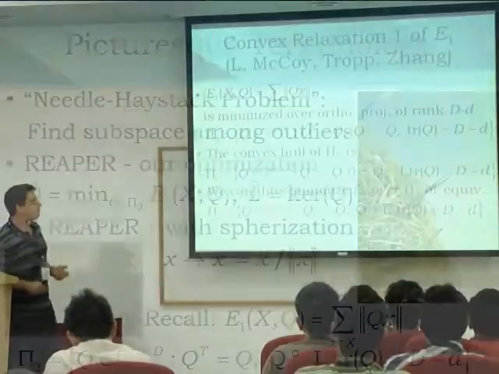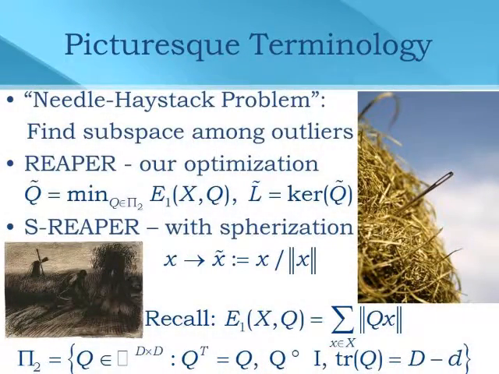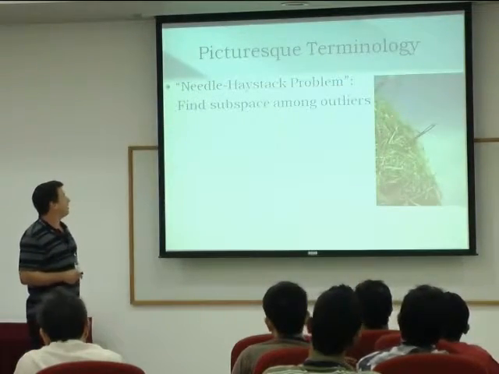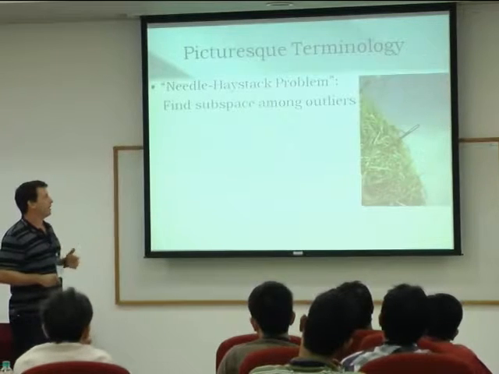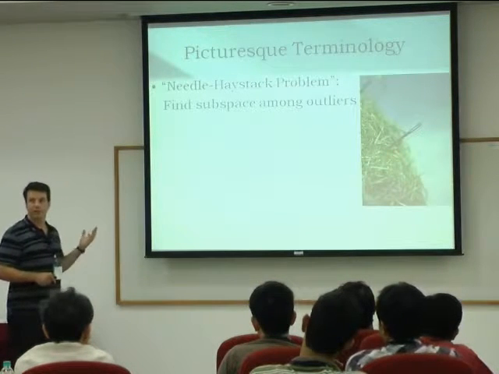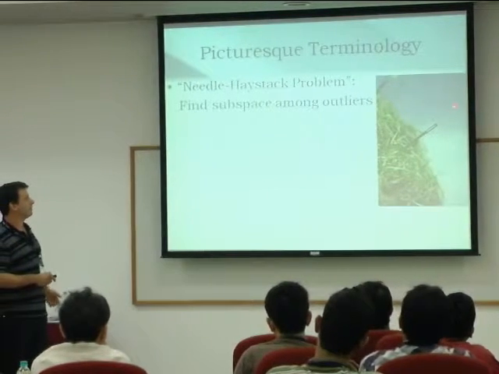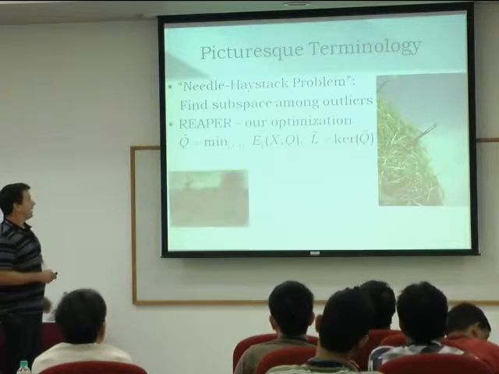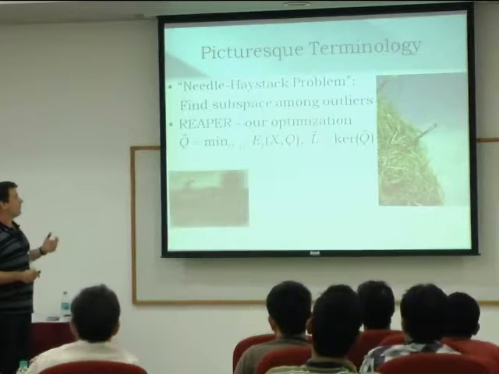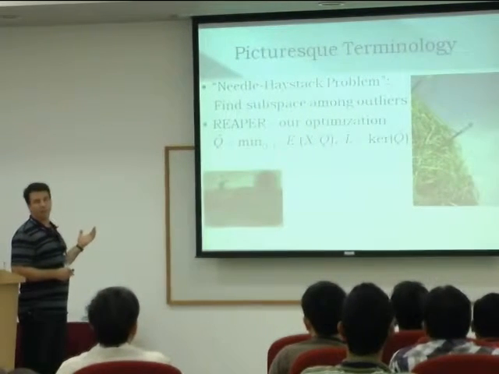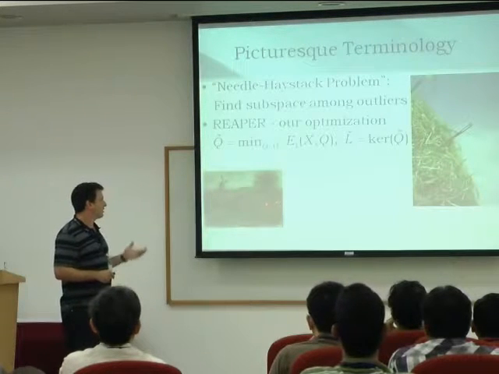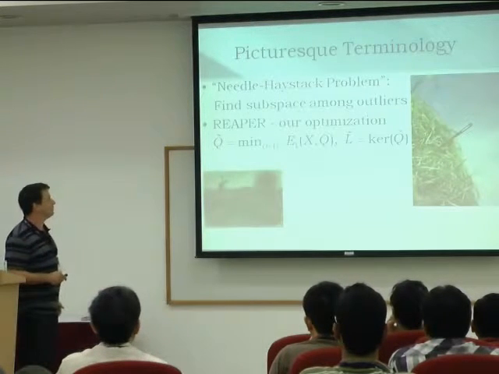Okay, so before I move on, let me give you some picturesque terminology, due to Joel Tropp. Joel likes to call the problem of finding a subspace among outliers the needle in the haystack problem. So you can think of this needle as a line among malicious outliers. And then he calls our minimization the Reaper problem. And I will give you some Van Gogh pictures because he likes to draw Reapers.